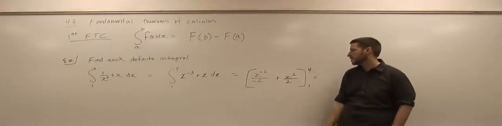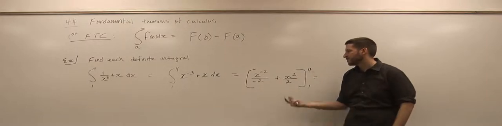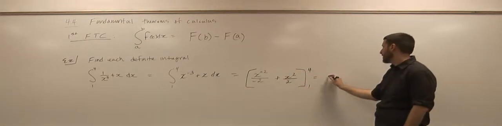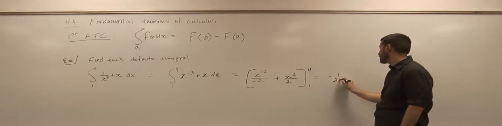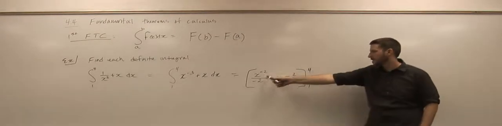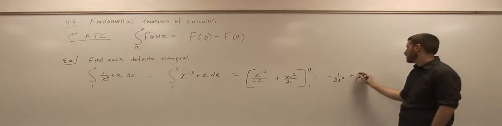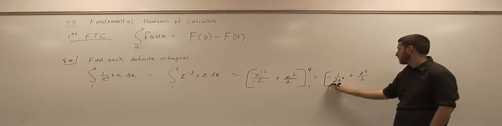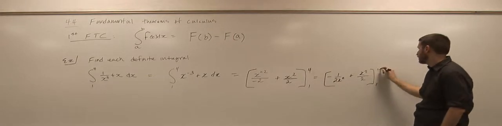This will be negative 1 over 2x squared, plus x squared over 2.